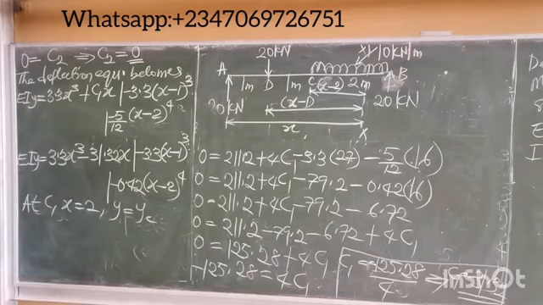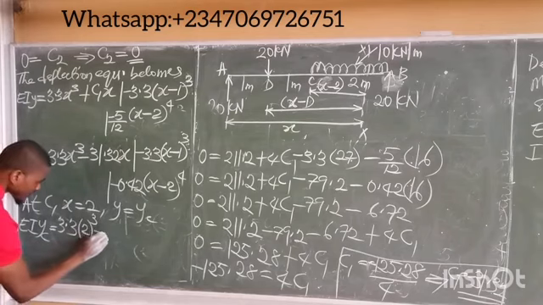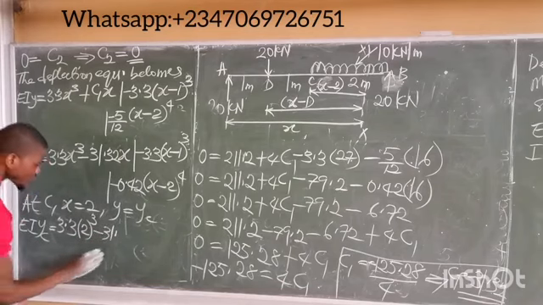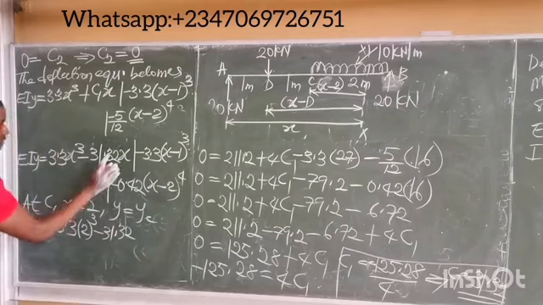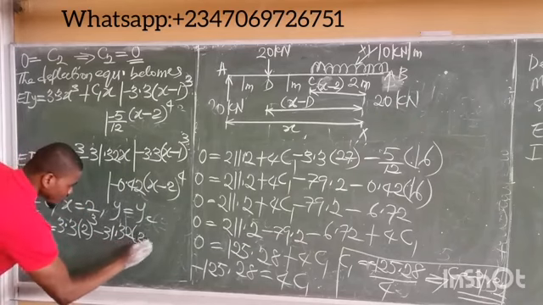This is EIy. We simply have EI yc equals, okay, so this is 3.3, 0.3 in place of x cubed. Now x at point C is simply 2 meters, so in place of x we simply put in the value as 2 to the power of 3, minus 31.32, in place of x we simply put in the value as 2, so times 2.